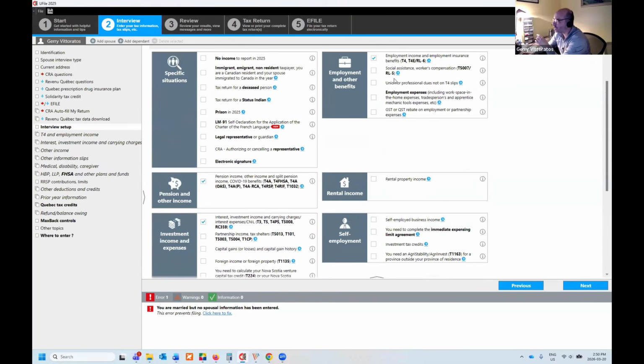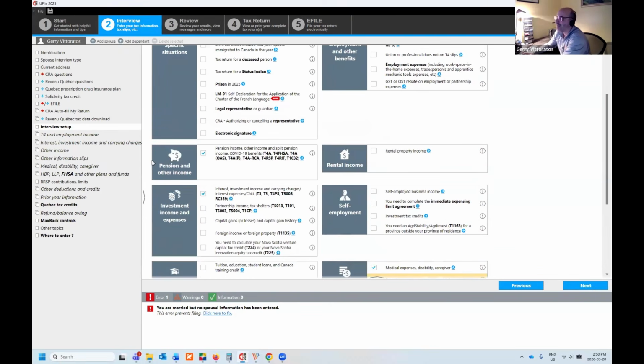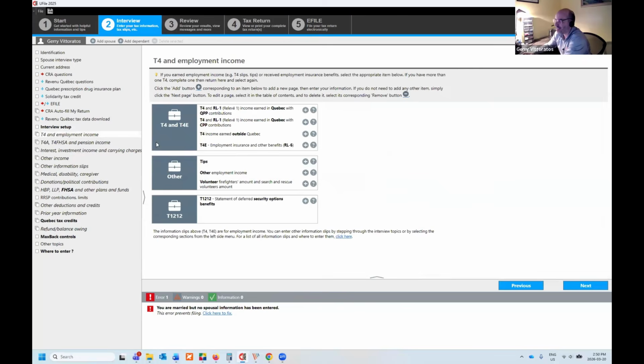And then once you've chosen all these relevant sections, the program will add them to your left-hand navigator just below this interview setup. They're going to get added right below. So I click next, and now you'll notice all these sections have been added. There's my pension income. There's my medical. There's my donations.